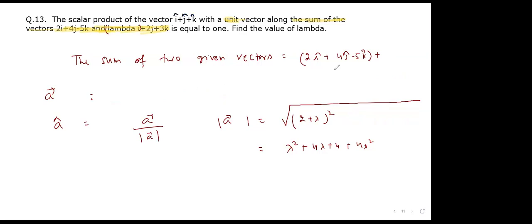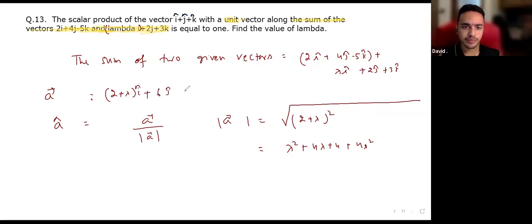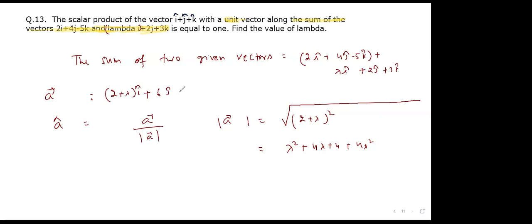Plus lambda i cap plus 2j cap plus 3k cap. So it is 2 plus lambda i cap, and plus 6j cap, 4 plus 2, 6j cap, and minus 5 plus 3, minus 2k cap. Now the magnitude of A will be the square root of 2 plus lambda square plus 6 square plus minus 2 square.